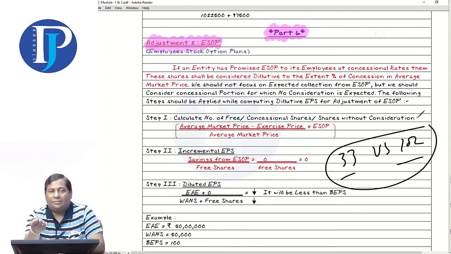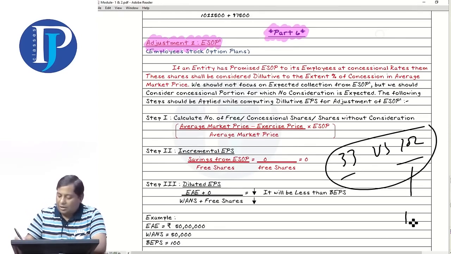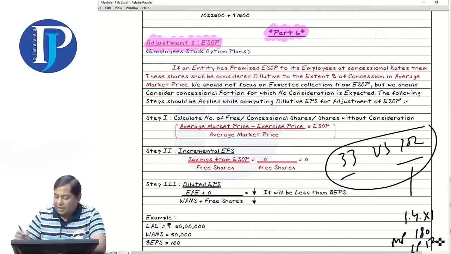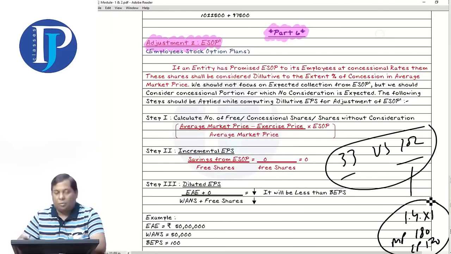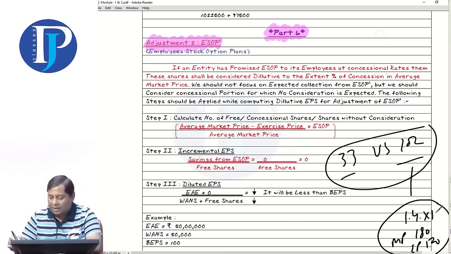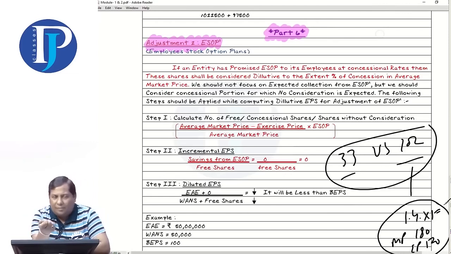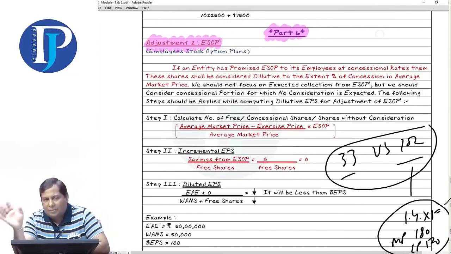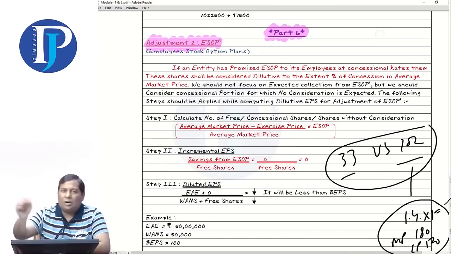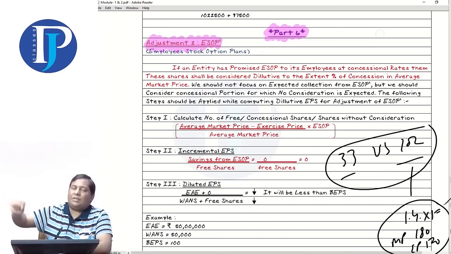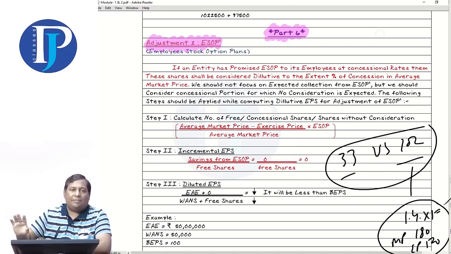If I have announced ESOP on day X1 and the market price on that day is 180 per share, the exercise price is 120. So this entire accounting will be based on these prices over the vesting period. Once we lock the grant date fair value, even if the market price fluctuates subsequently, we won't look at it in 102. We do our accounting on the basis of the employee being left with 60 rupees in ESOP.